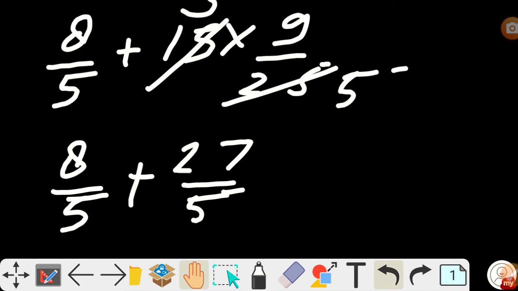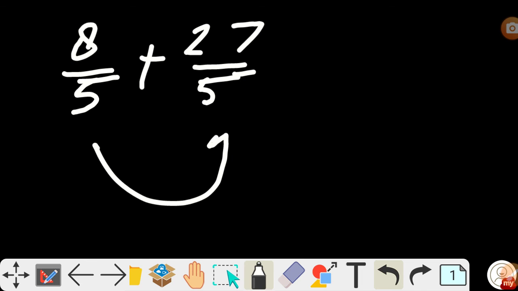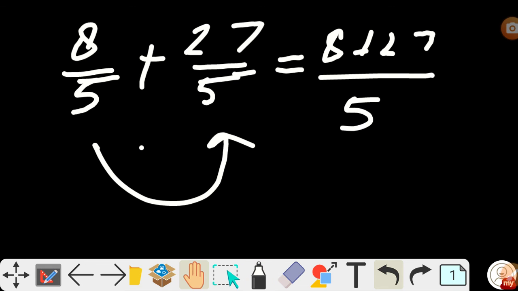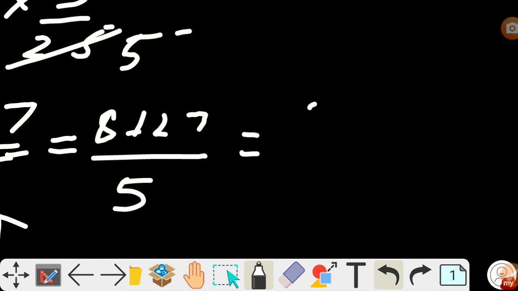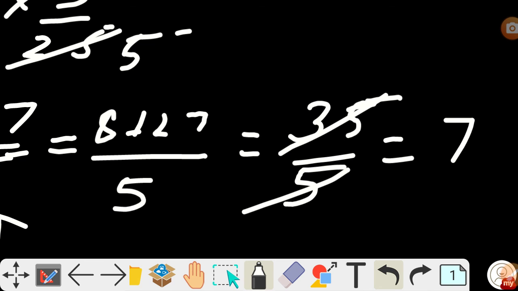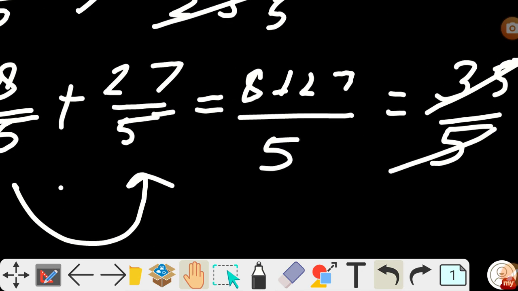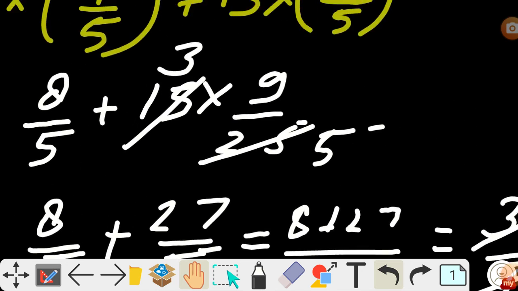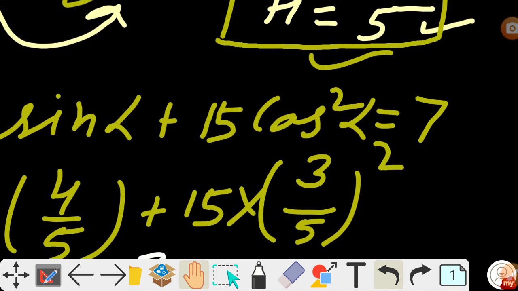The denominator is the same, so we add the numerators according to the sign in between. 8 plus 27 is 35, upon 5. 5 sevens are 35, which is 7.